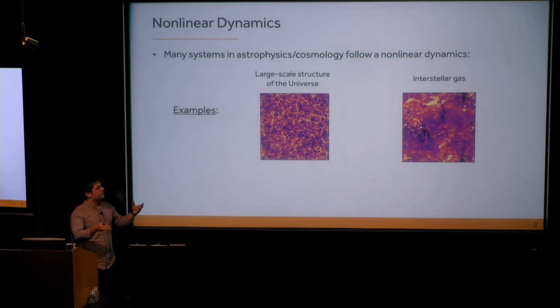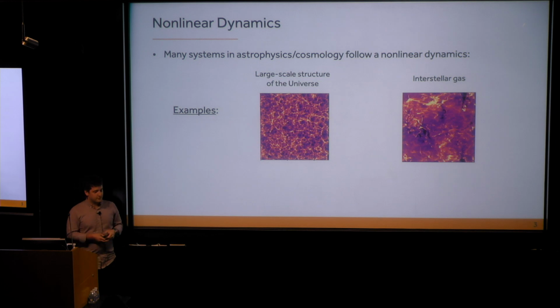The way we understand the origin of this structure is that it's shaped by the evolution of a dark matter fluid, which evolved gravitationally in an expanding universe. What really makes the understanding of this large-scale structure complicated is that there are nonlinearities. We know that scales are coupled in some way.